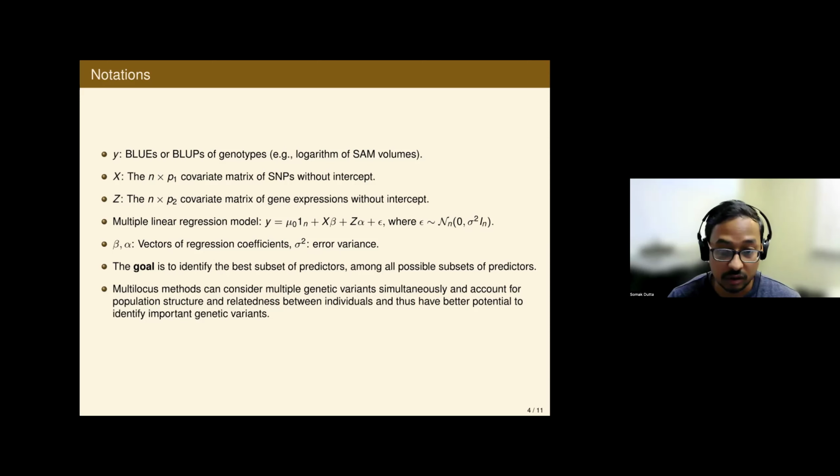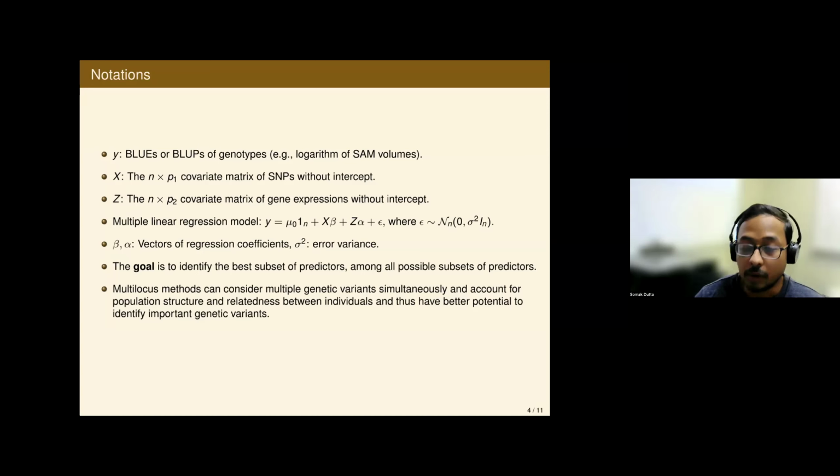Multi-locus methods can consider multiple genetic variants. So it can consider all the SNPs together and all the genes together, and so account not only for the effects of each other, but also for the population structure and relatedness between all these individuals. And so it should have better potential to identify important genetic variants.